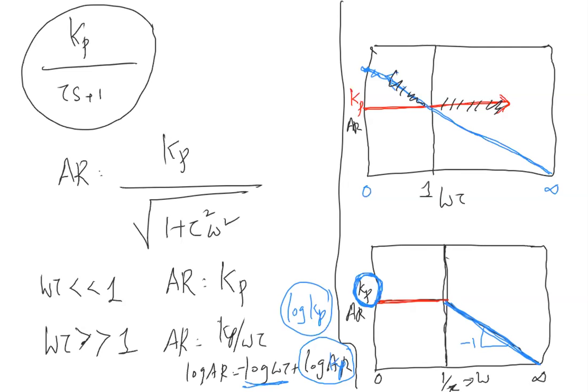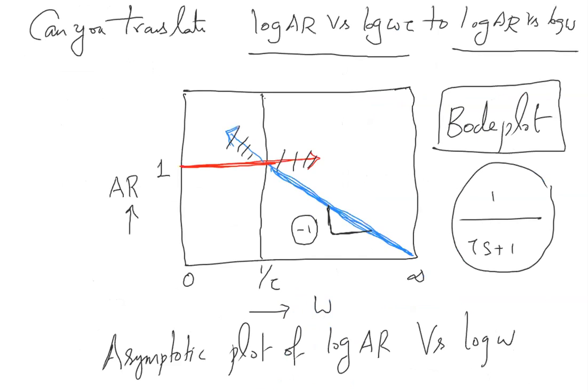See in the Bode plots where the slope changes. So here 1 by tau is the one where the slope changes. This is called the crossover frequency.